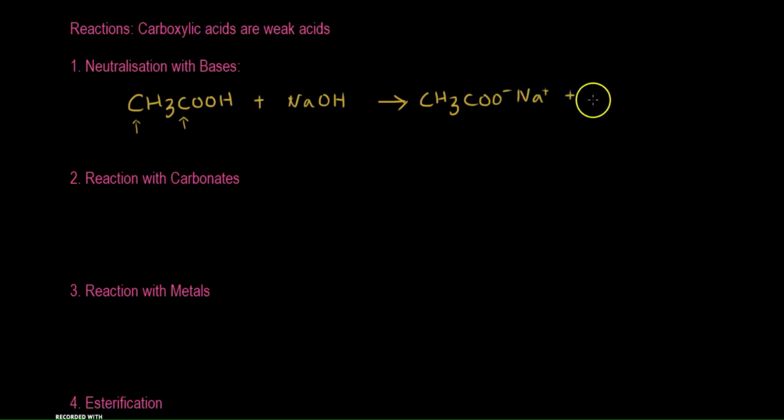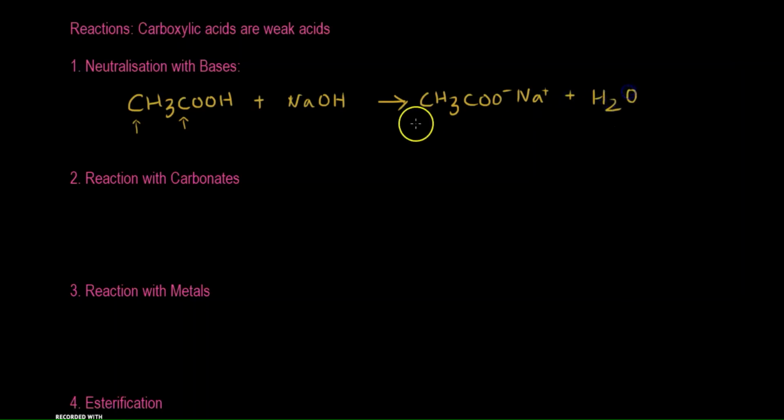Acid. In this case we are using ethanoic acid, because there are 2 carbons here. Am I right? Inclusive of the functional group. There are 2 carbons, so it's ethanoic acid. You have to add an alkali, in this case sodium hydroxide, to give you CH3COO minus Na plus, plus water.